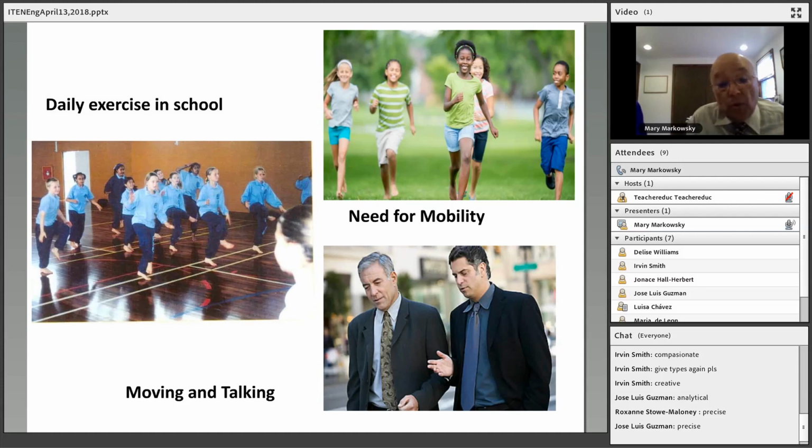Every school, I'm sure in your countries also, does some type of exercise for the students during the day. The other picture has students doing exercises outside, and some people do meetings while they talk and move because they need to move and stand up. All of this is biological, and there are strategies that we bring with us to explain to you in your classrooms. Also, these things happen in the workforce.